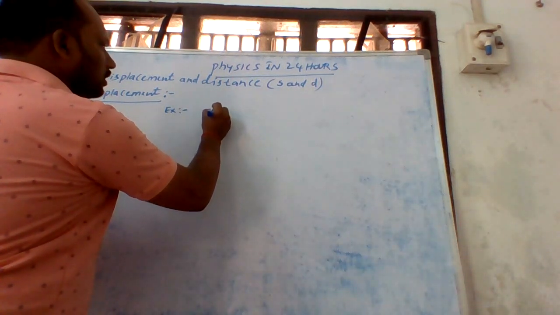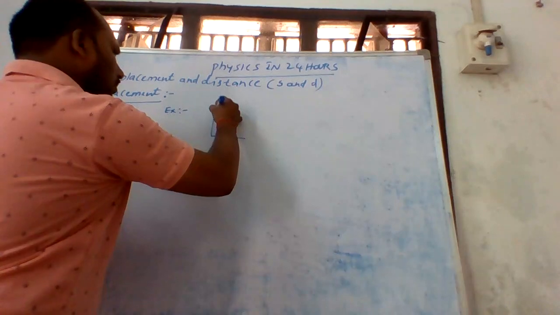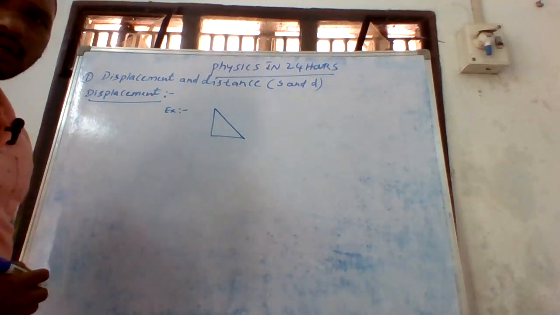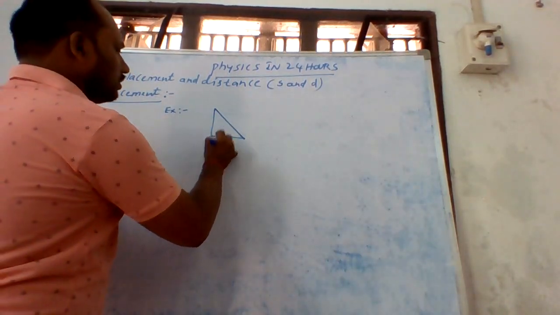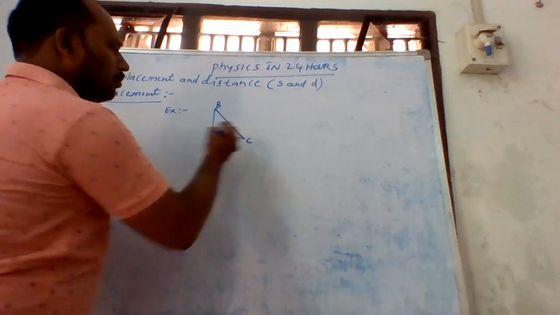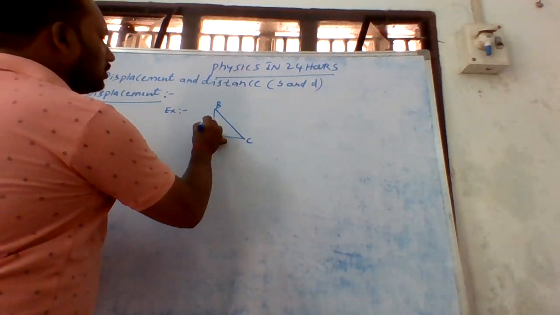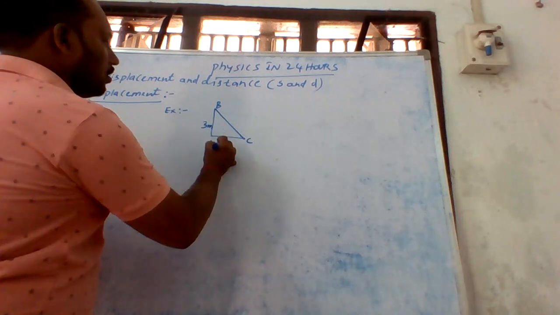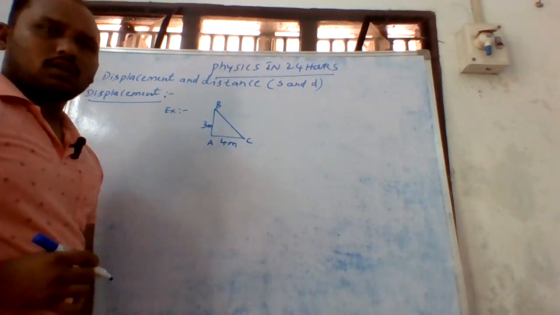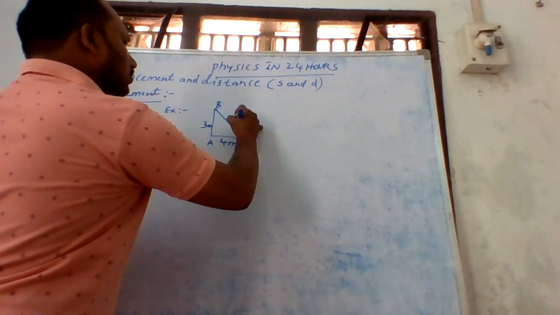If I take a right angle triangle, let us say ABC. This side is 3 meters, this is 4 meters, and this is 5 meters.